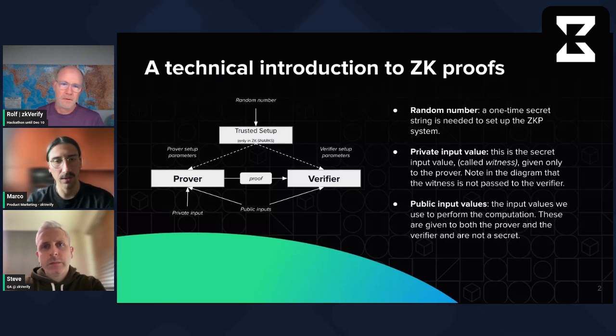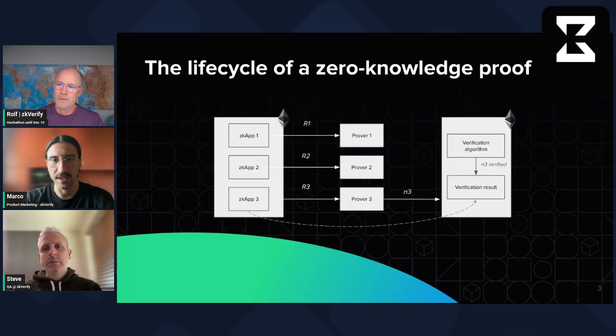And apart from that, we also have public inputs used for performing the computations, and these are distributed to both the prover and the verifier. So how the system works, we have the prover with the private and the public input, generating a proof, sending the proof to the verifier, and the verifier verifying the proof. And this finds application in a lot of different use cases.